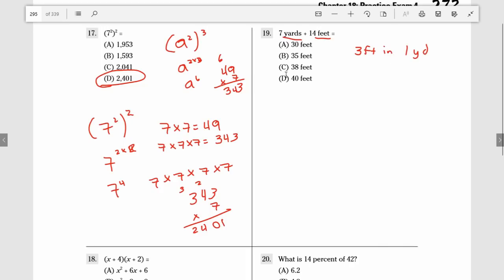So that means 7 yards would be 21 feet. So this question is basically 14 plus 21, which is 1 plus 4 is 5, 2 plus 1 is 3, 35 feet.